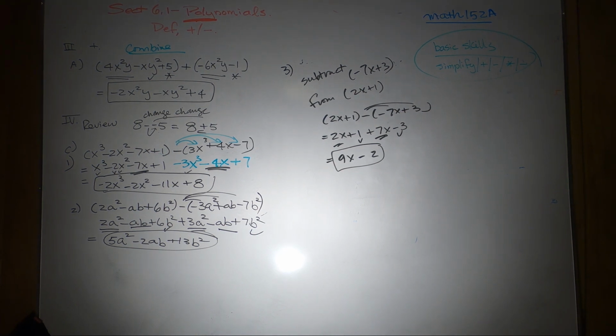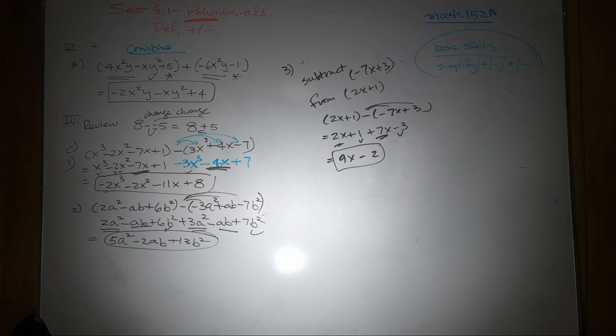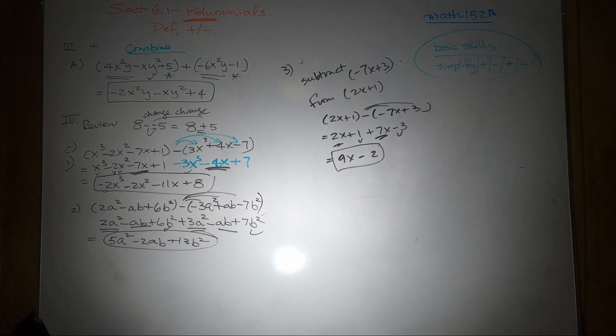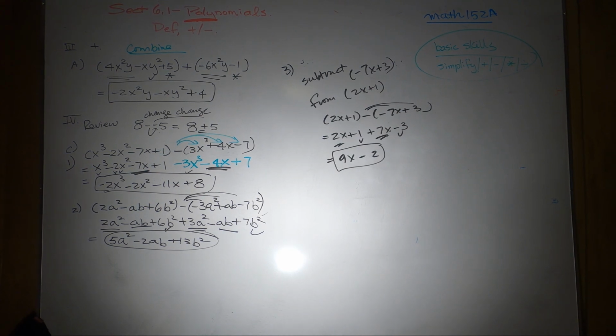It's not bad, manageable, okay? But you just need to clarify in your head what you are doing, okay? So that would be your section 6.1, the polynomials we are talking about.